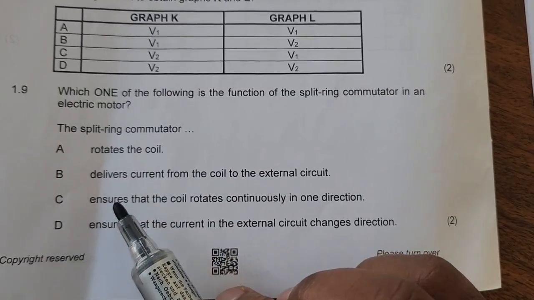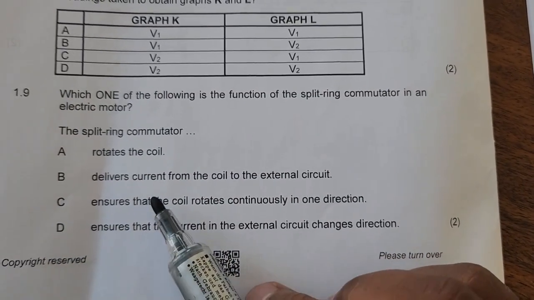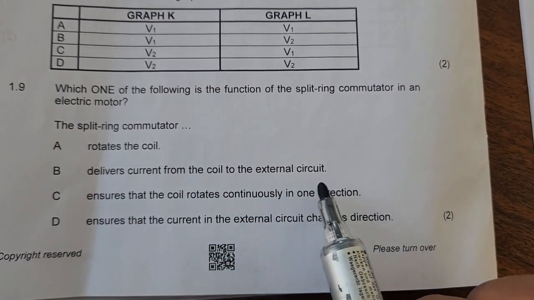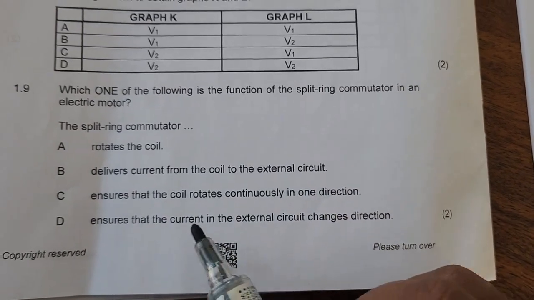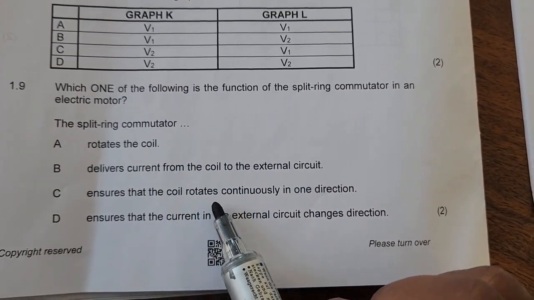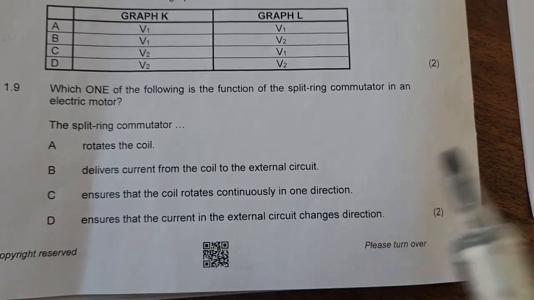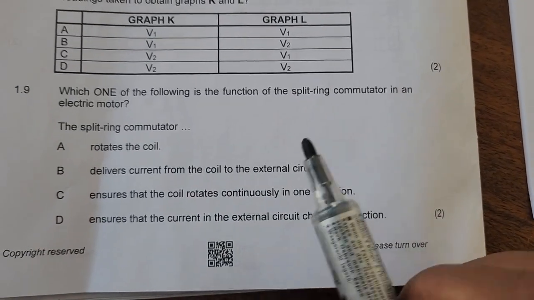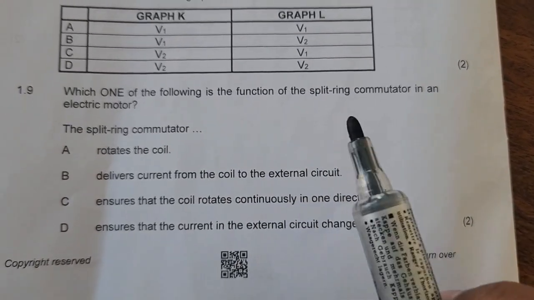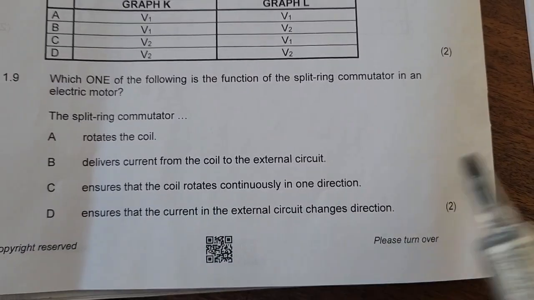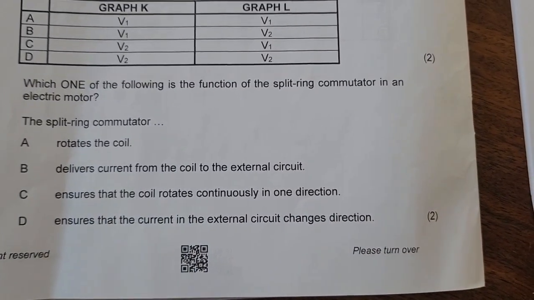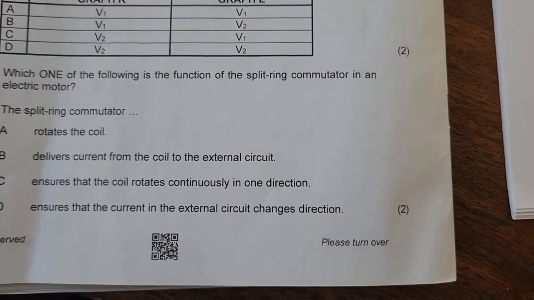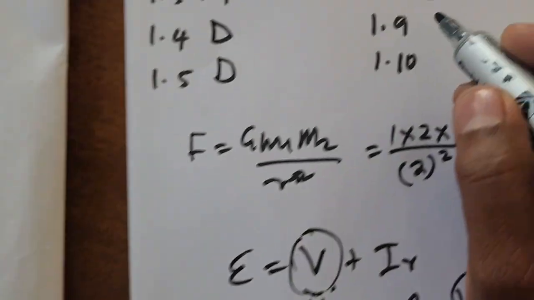Split ring commutator delivers the current from the coil to the external circuit. Split ring ensures the coil rotates continuously in one direction. Yes, we say the split ring commutator produces DC current. So it shows that the current flows only in one direction. So C will be the best bet in this case.